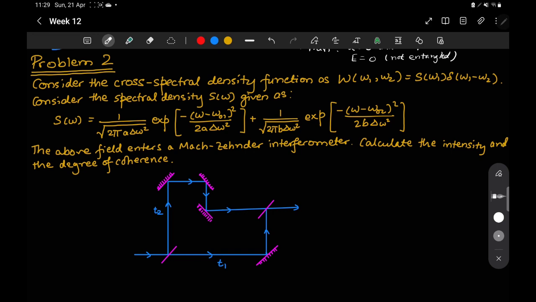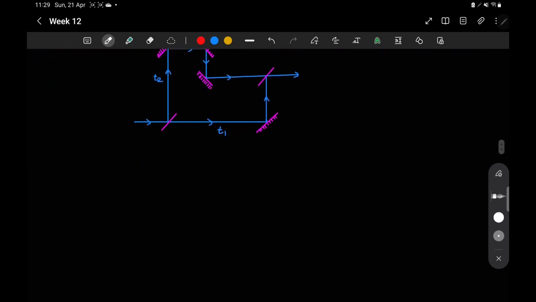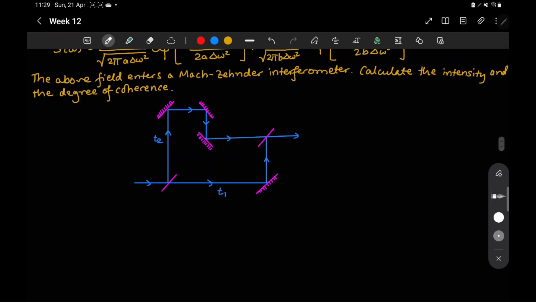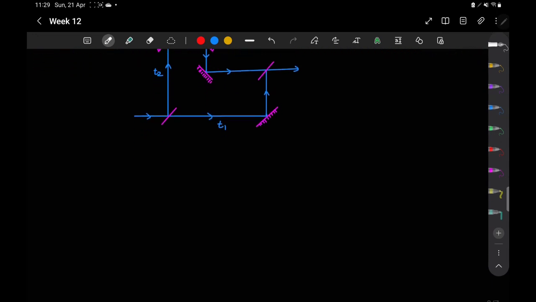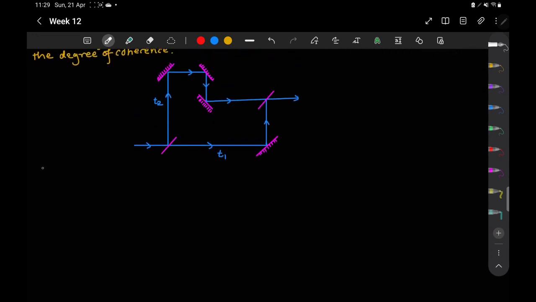Okay, so let us now solve the problem. We can write down the cross correlation function.